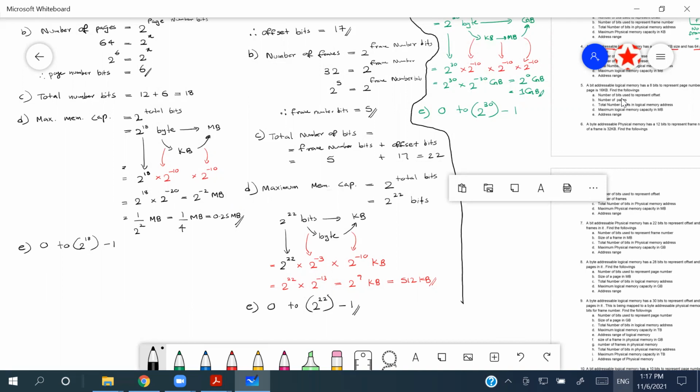When you are doing questions like 9 and 10, you have to remember when a logical address is mapped into a physical address, the offset part is not going to change. The number of bits in the offset are not going to change. That's only when you are doing the 9th and the 10th. Until then, you can use the equation separately.